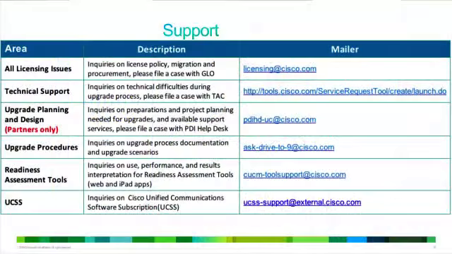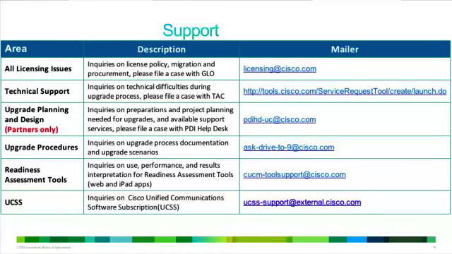Right. So I'm sure this question will come up: how to get further help from Cisco? As I mentioned previously, we are prepped up at different levels. For partners, they can always reach out to the PDI help desk if they need any suggestions or help with configuration, implementation and design issues.